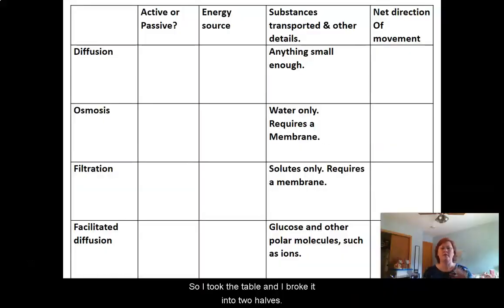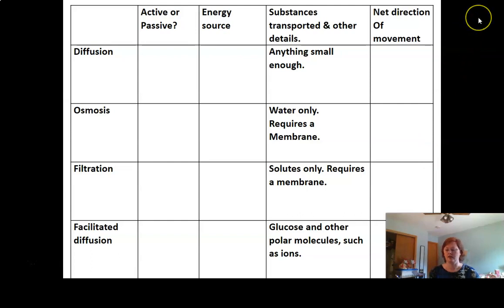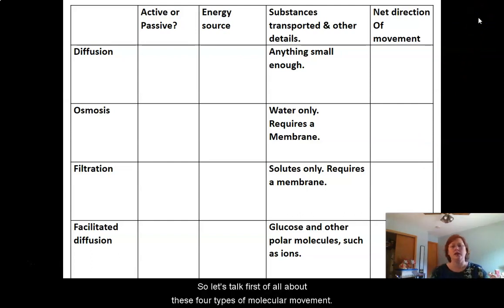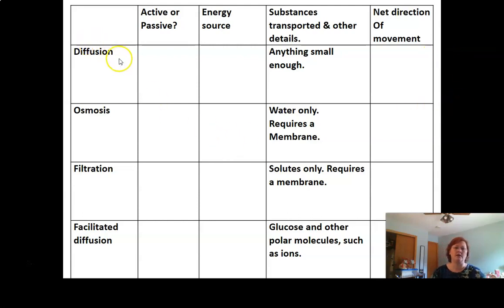So I took the table and I broke it into two halves so that we can work on that here together. So let's talk first of all about these four types of molecular movement. So we have diffusion, osmosis, filtration, and facilitated diffusion. The first thing we need to determine is whether it's active or passive.